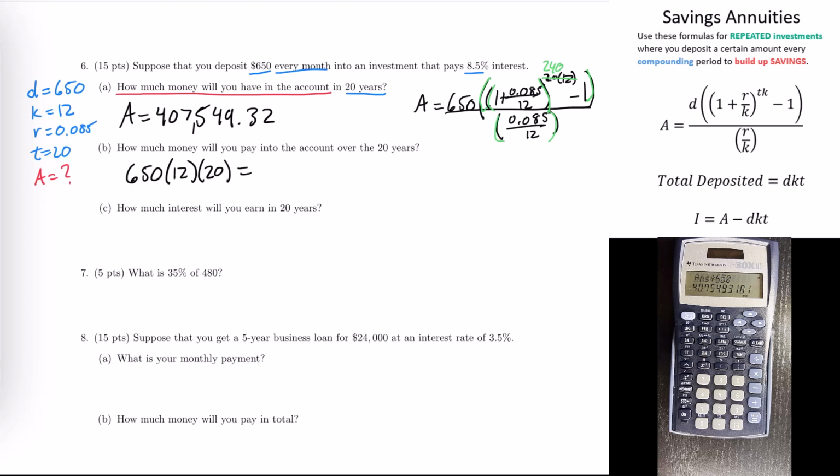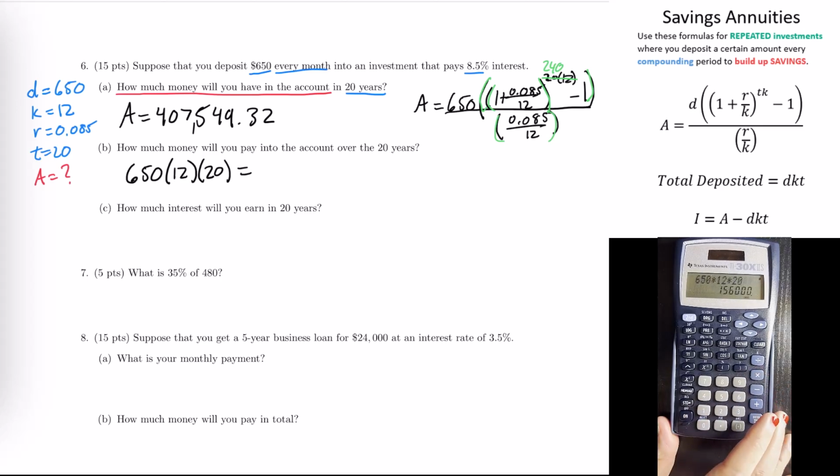And when I multiply those together, we get 650 times 12 times 20. And that means that the amount that I paid into the account over the 20 years is $156,000.